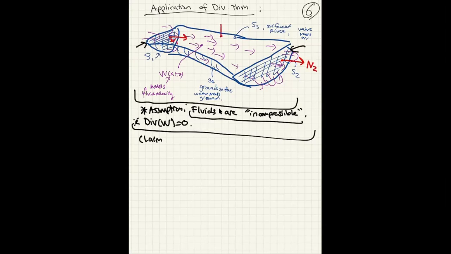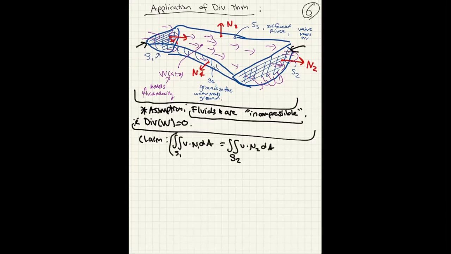Up here, this is N3, which we'll use later and is less important. This is N4. What I want to claim, and I'm actually going to prove this to you, is that the flux integral over S1 of V dot N dA is equal to the flux over S2 of V dot N dA.